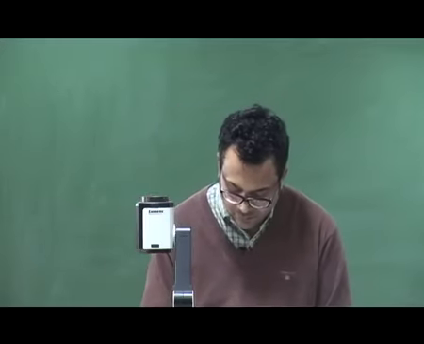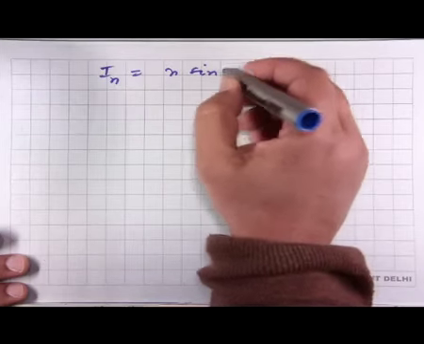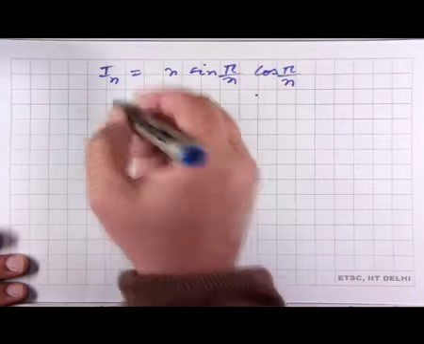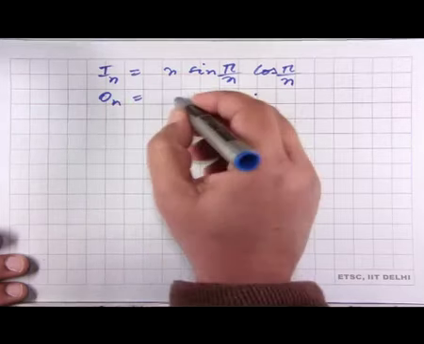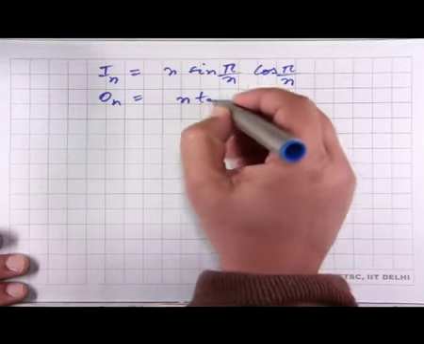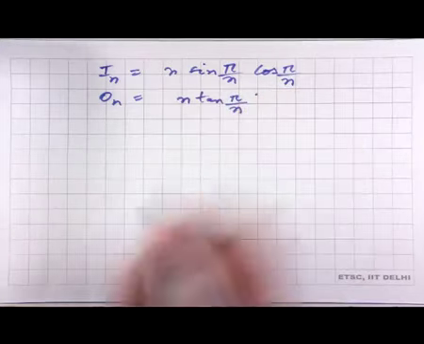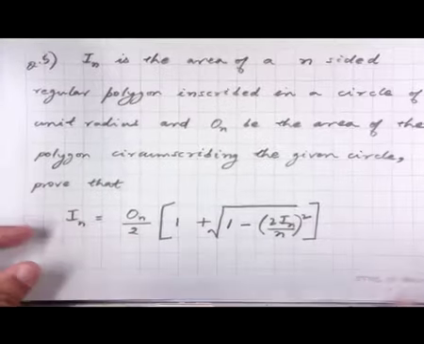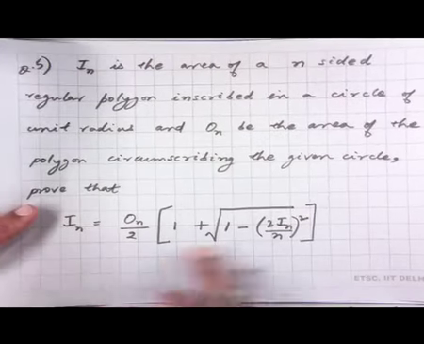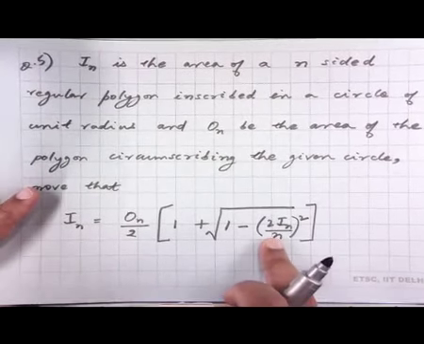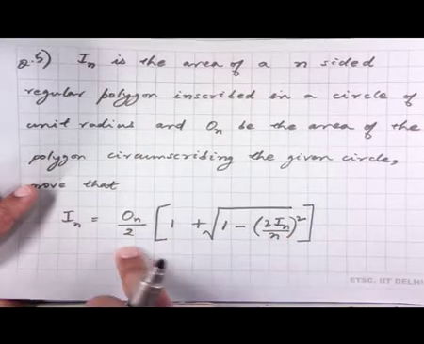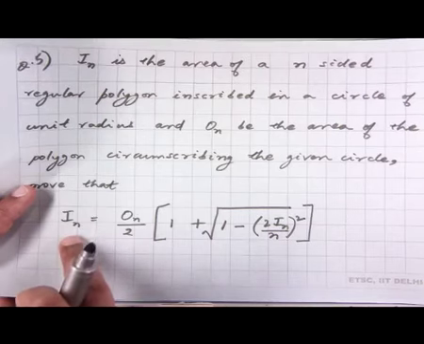So far we have I n equal to n sin pi by n times cos pi by n, and O n equal to n times tan of pi by n. We were asked to prove this particular relation here. So, if we substitute the expressions, it is very easy now, because we just need to substitute the expressions of I n and O n on the right hand side and check if that is equal to the expression of I n on the left hand side.